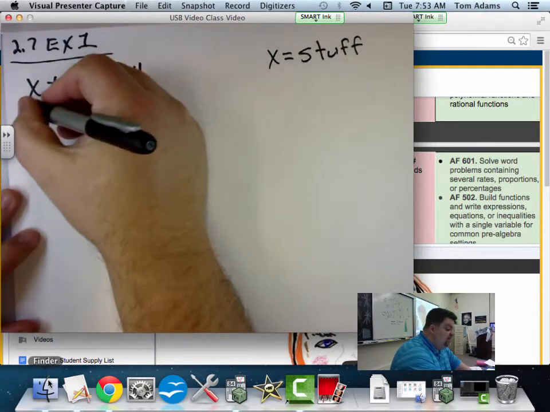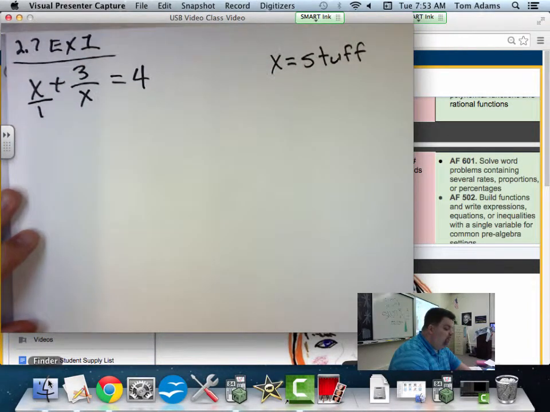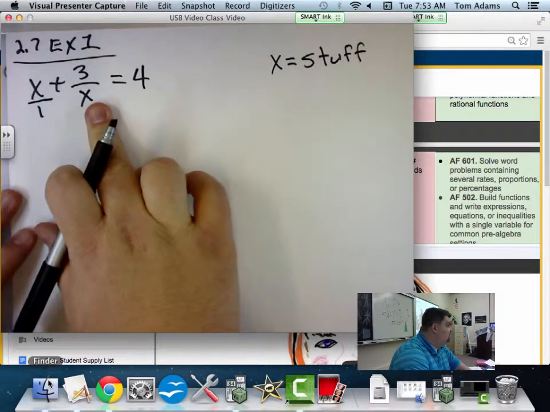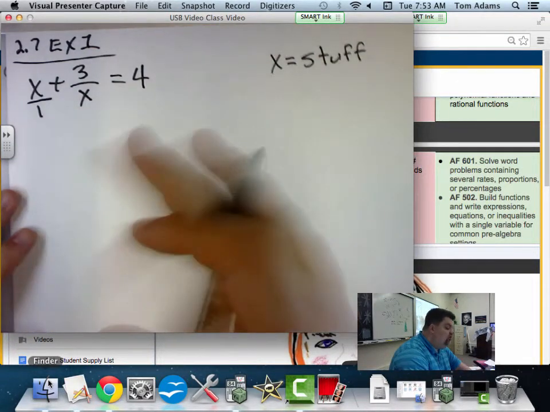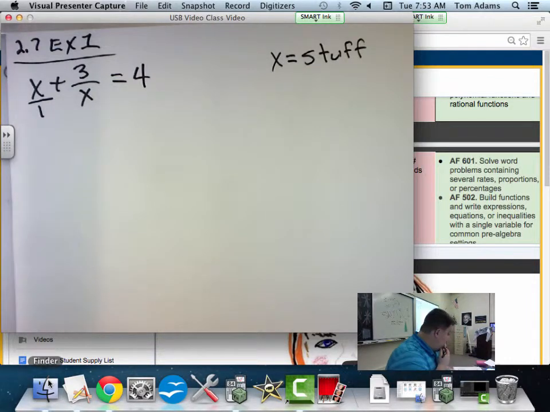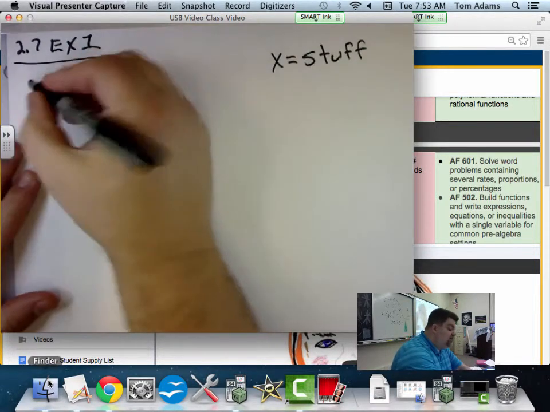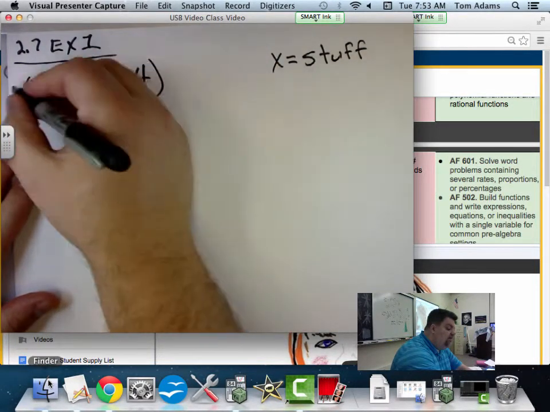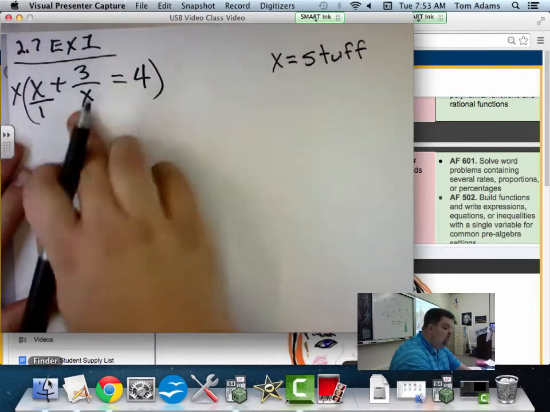This is like x over 1, and this is x. It doesn't matter how you look at it. I can find the common denominator, or I can multiply everything by x. We'll end up with the same thing. So I'm just going to multiply everything by x, because that's one technique we could use.